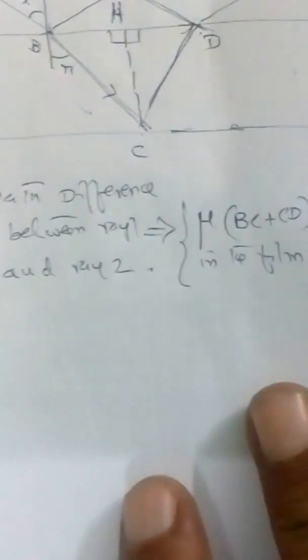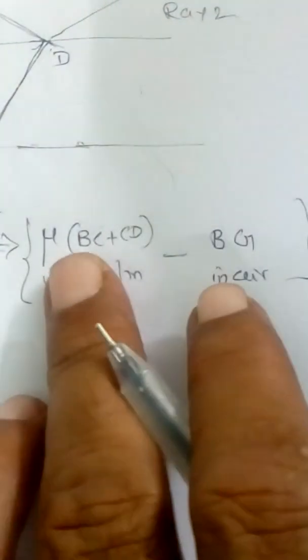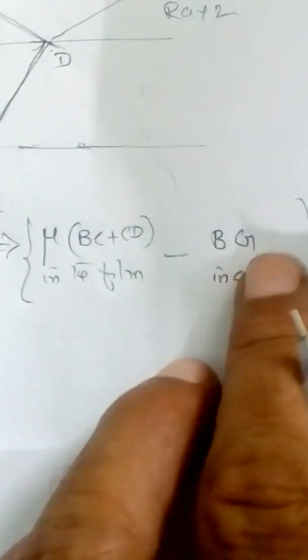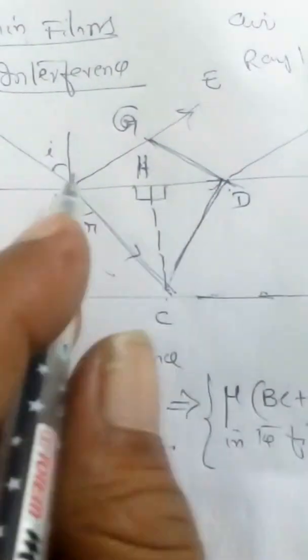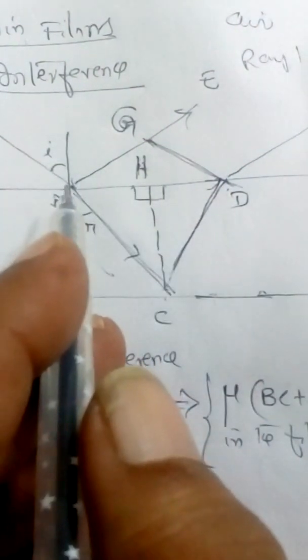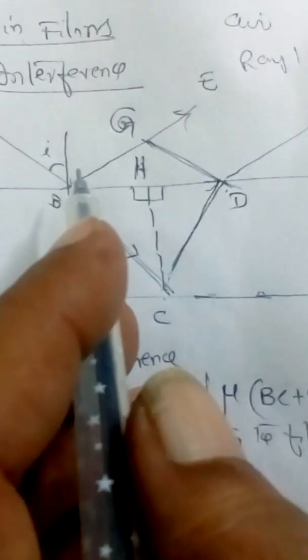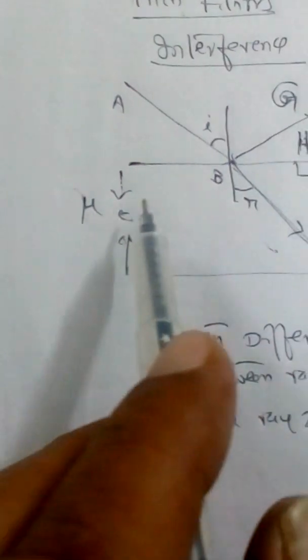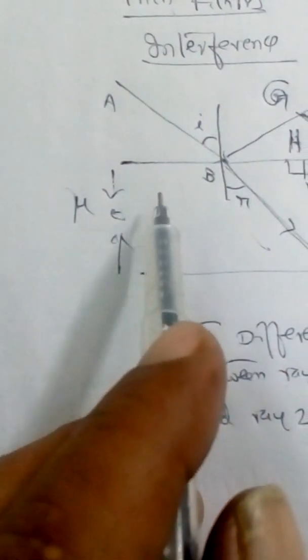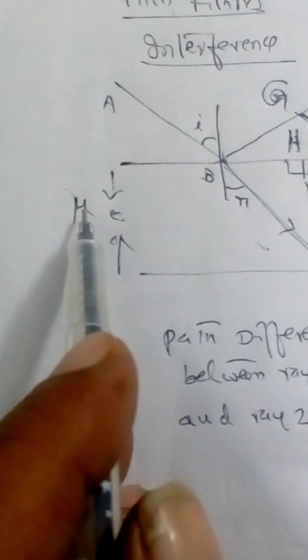Between the two rays, the path difference is this one: mu into BC plus CD minus BG. Mu into BC plus CD means within the film the path travelled, minus outside the film the path travelled. In both cases you have refractive index as a multiplication factor. But in the case of a thin film, inside the refractive index is taken as mu, outside there is only air.